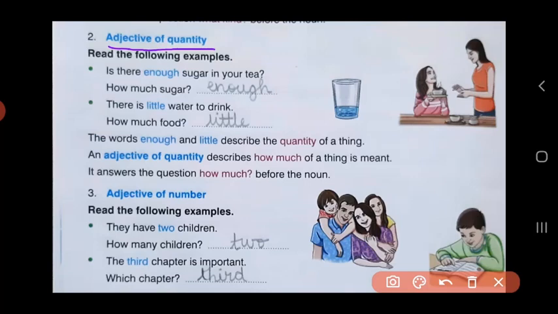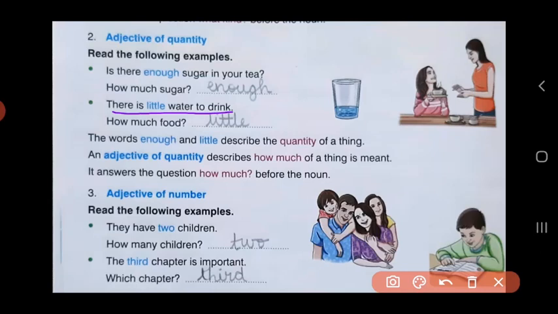Let's read the following examples. In the first sentence it says, is there enough sugar in your tea? Here they are talking about the noun sugar. But the word that comes before sugar is asking how much sugar, and the answer that you get will be enough. In the second example, there is little water to drink.